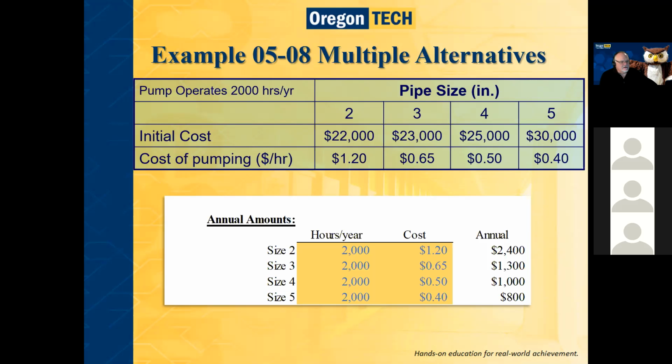So 2,000 hours a year times $1.20 is an annual cost of $2,400. You've got an annual cost that's the same. You should start thinking about a word, annual cost, annuity, same amount every year. The duration. Duration is 5 years. How do you know that?